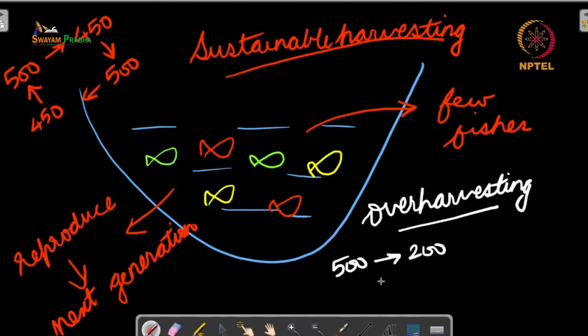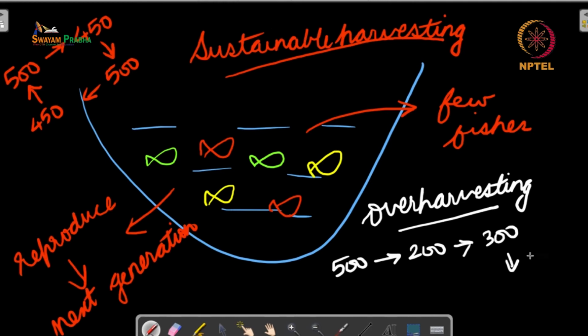Because remember that at every stage there are also other organisms that are eating these fishes. The fishes are also dying because of natural causes. So if we bring them to a population which is 200, then after some time the population increases and say it becomes 300. Once it has become 300, we again take out a huge quantity.